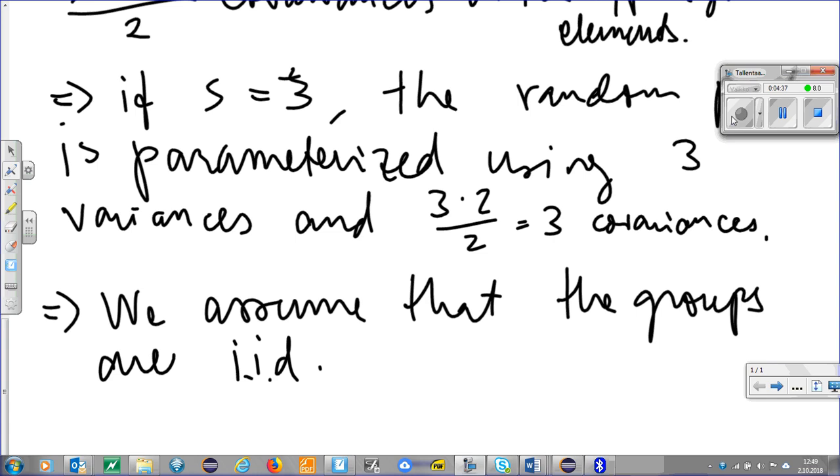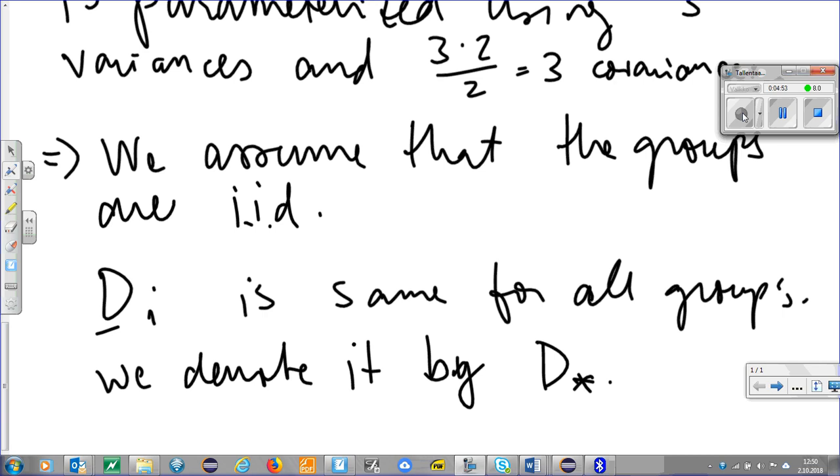So it means that the covariance between the groups is 0, and the distribution of them is always the same. Therefore the Di matrix is the same for all groups, and we don't use the notation Di, but we denote it by the star, where the star means that it can be used for any group. So all groups have the same variance covariance matrix for the random effects.